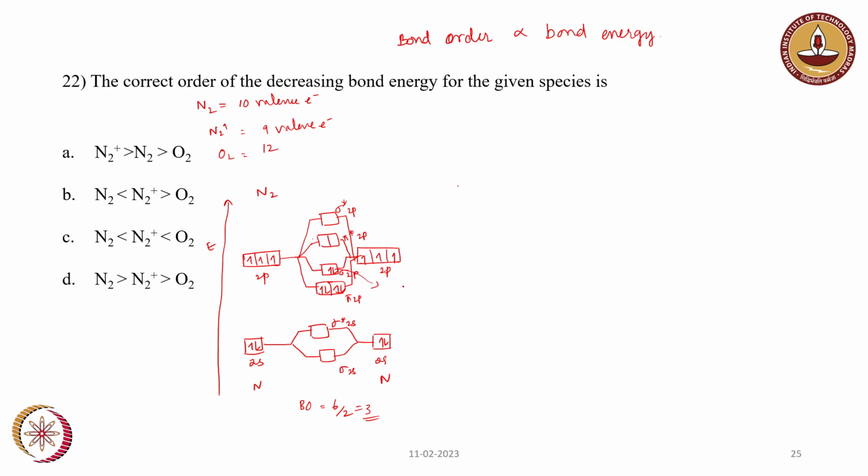So if we remove one electron from sigma 2p, it will be sigma 2p 1, since one of the nitrogen is N plus, so one nitrogen will be having only 2 electrons in 2p. So the bond order will become total of 5 electrons in 2p molecular orbitals, that is 4 in pi 2p and 1 in sigma 2p. So 5 by 2 is 2.5.